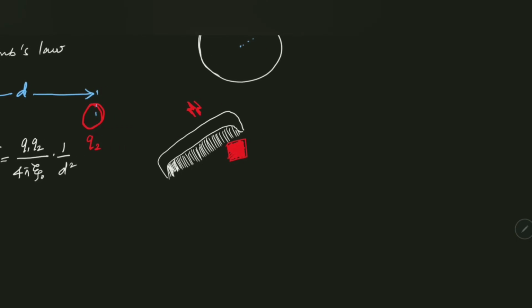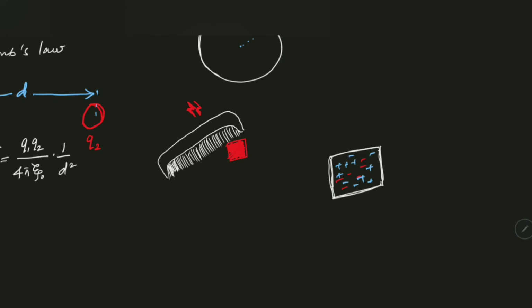This piece of paper is a kind of particle which contains some neutrons, protons and electrons, right? The comb also contains some neutrons, protons and electrons. For an instant, let me assume that it contains an equal number of protons and electrons.